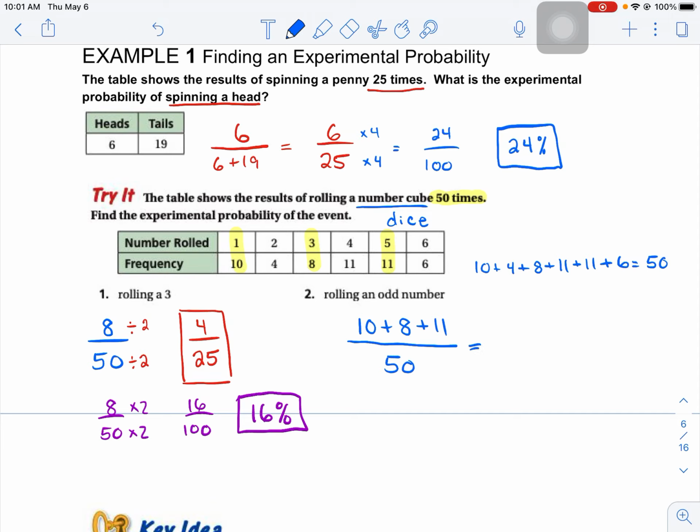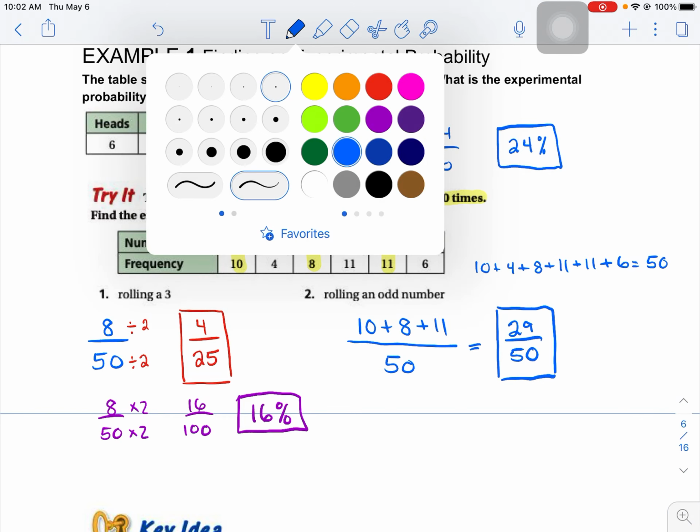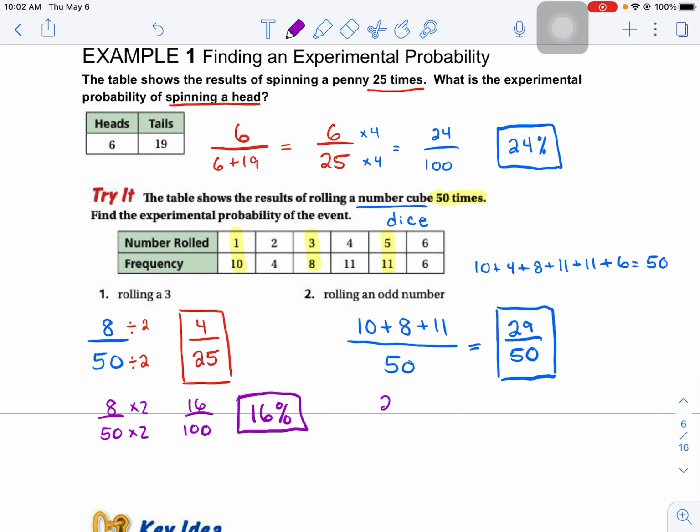That would equal 18 plus 11, which gives me 29 over 50. Again, this is simplified already, so that would be my simplified answer. I can change it to a percent by multiplying by 2 to get that denominator to 100, which would give me 58%.